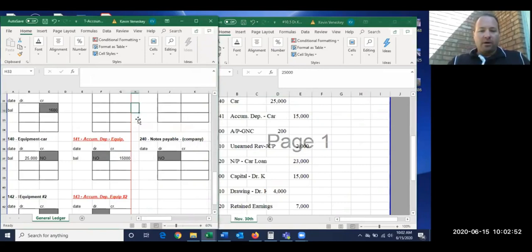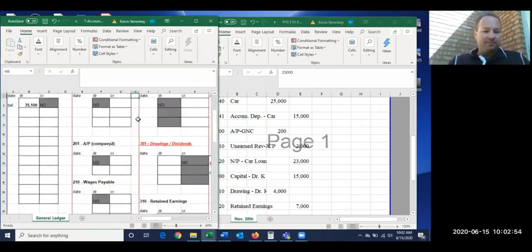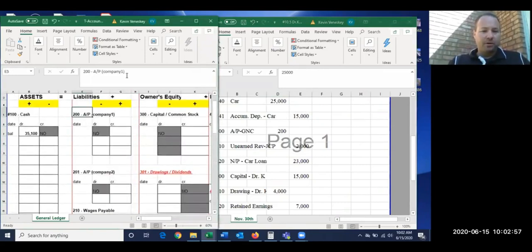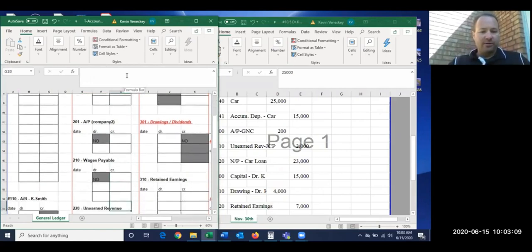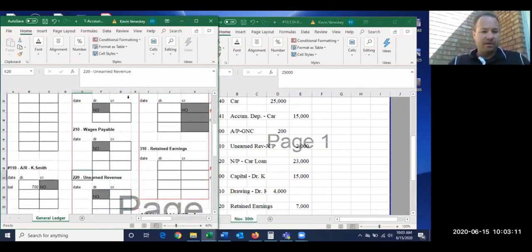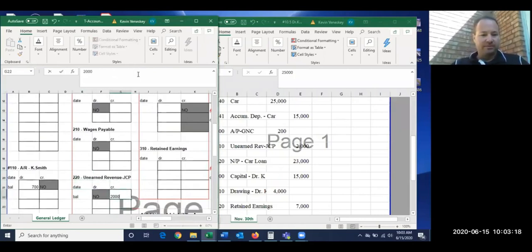All right, we owe GNC Company, so come up to our accounts payable. Our opening balance with them is $200. And then we have unearned revenue for a JCP balance of $2,000.